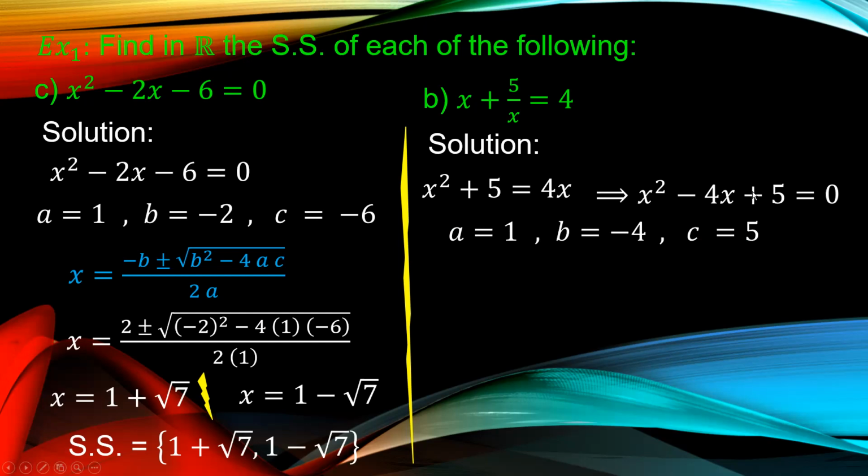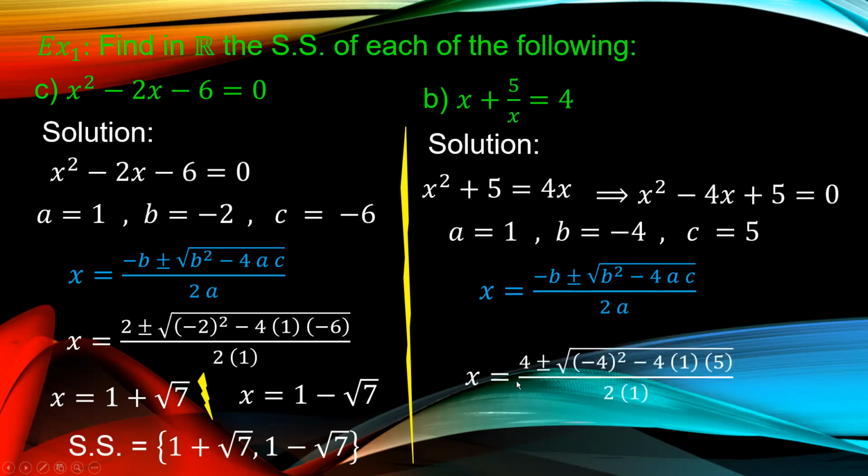Here, I can't solve it by factorization. I will use the general formula. Then a equals 1, b equals negative 4, c equals 5. General formula: x equals negative b, positive or negative square root of b power 2 minus 4ac, over 2a.